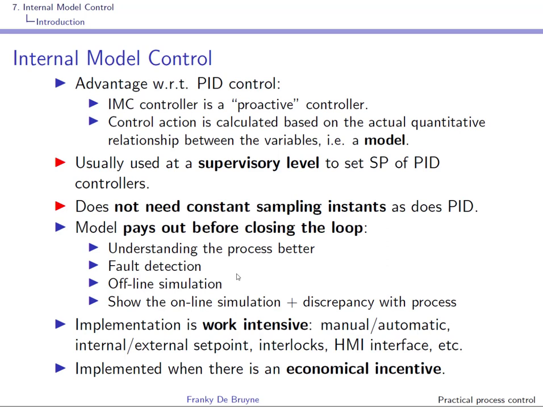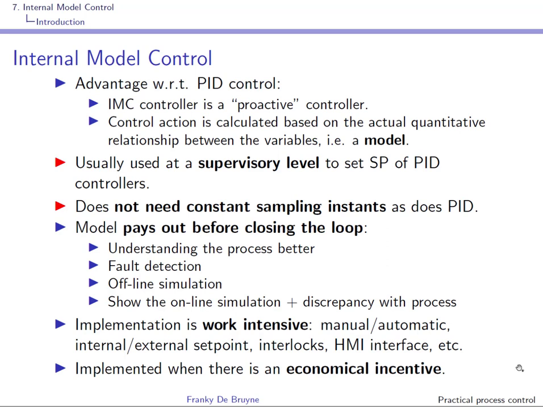So it is used in a cascade as the primary or master controller. We are not going to explore this in this course, but you can implement an internal model controller without the need of constant sampling instants. The sampling instant can vary from one period to another.